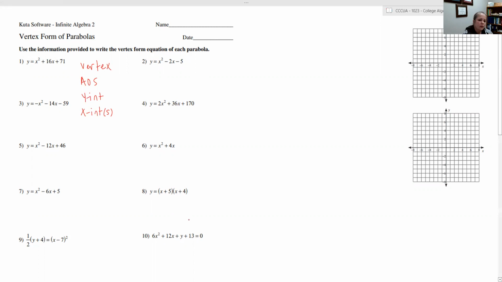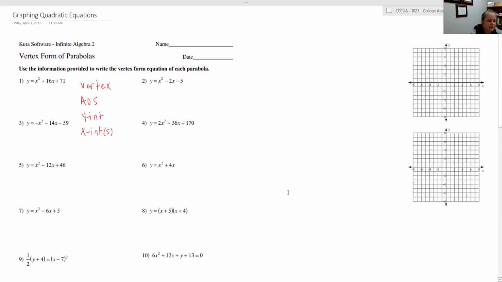And what that means is we don't have any x-intercepts when that happens. And with our quadratic equations, if we do have x-intercepts, we can have one or we can have two. So we're going to discuss that in this video, along with finding the vertex two different ways.